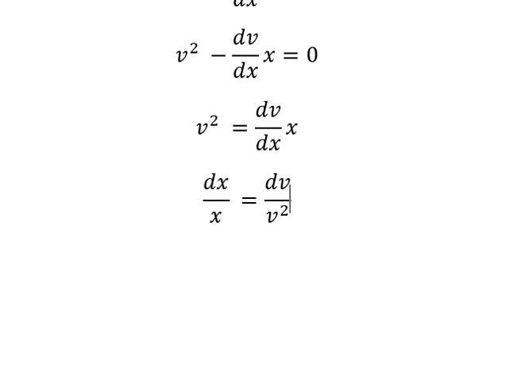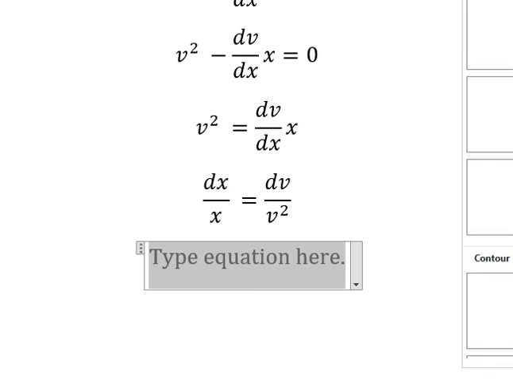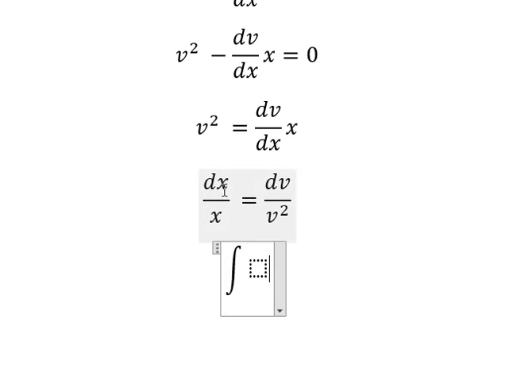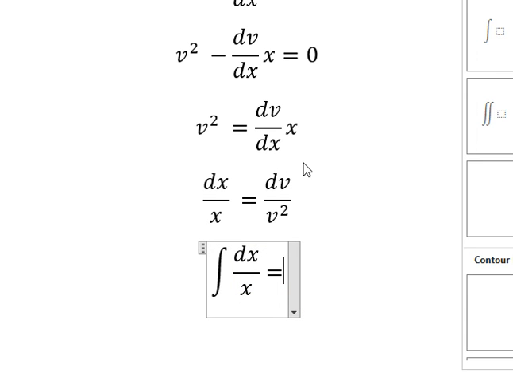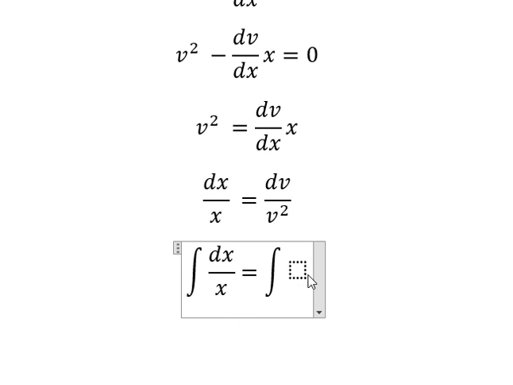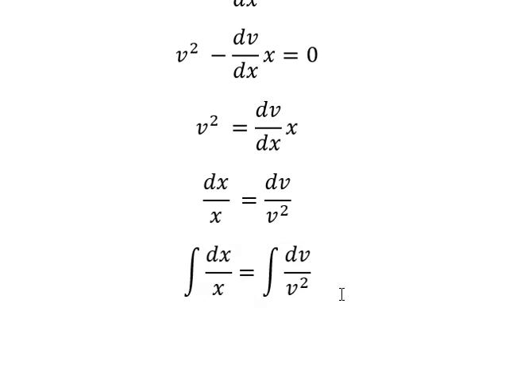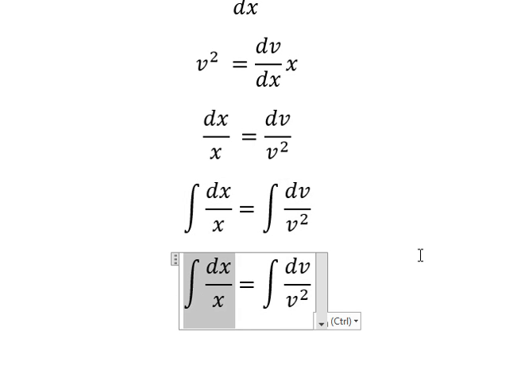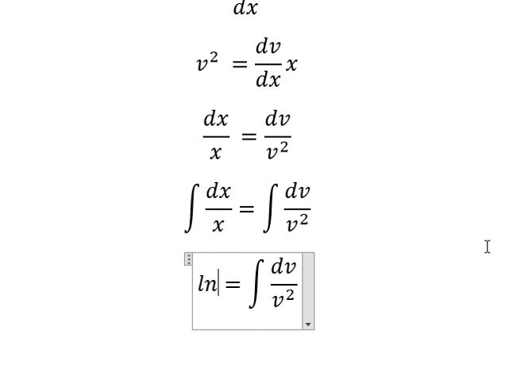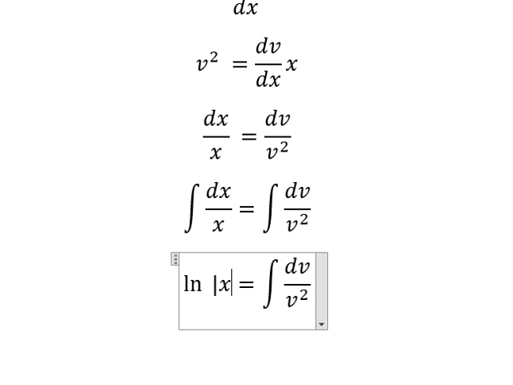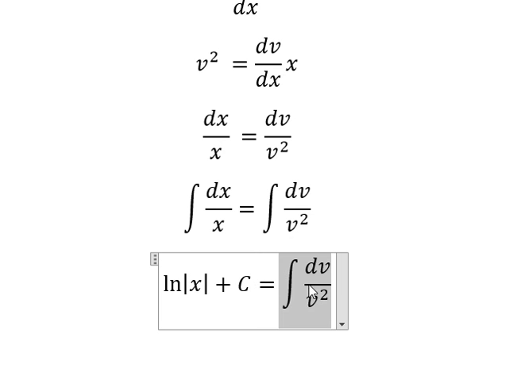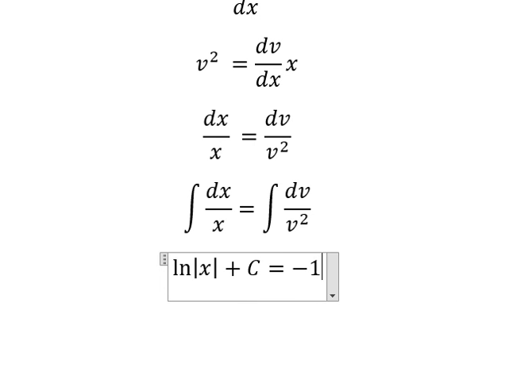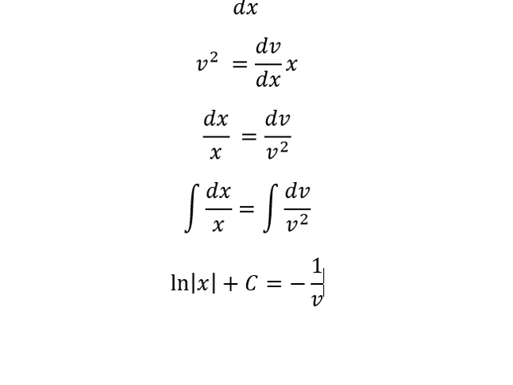Next, we put the integration for both sides. So this one we have ln of the absolute value of x, and I will put plus c. This one we have negative 1 over v.